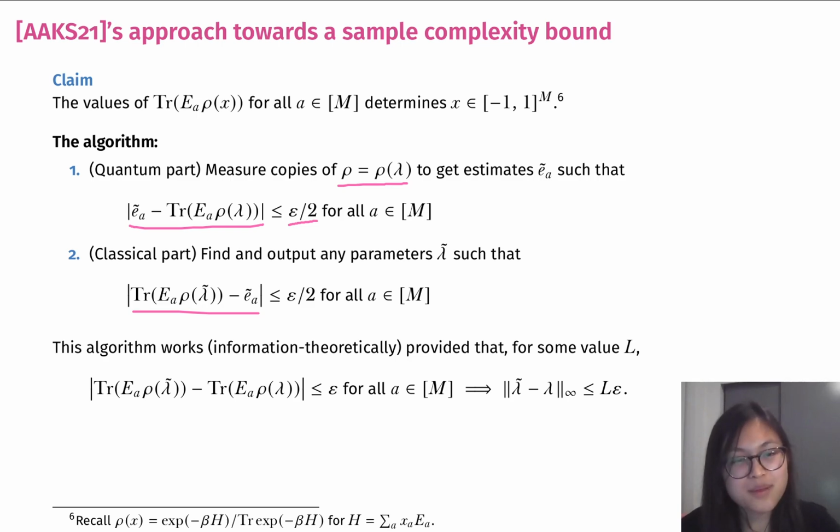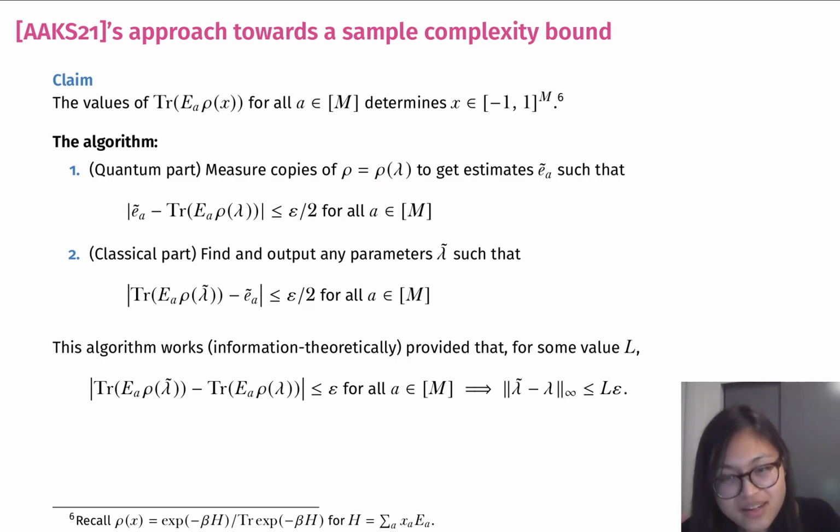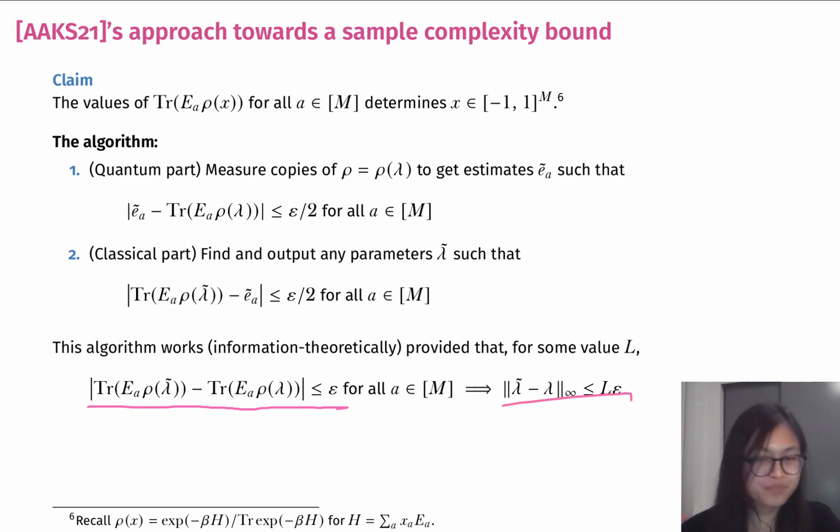And as I just mentioned, this algorithm works information theoretically if you can say that the expectations being close means that the parameters are close, up to perhaps some constant or some factor L. And you can see why this would suffice just because it follows from these two facts, the triangle inequality.